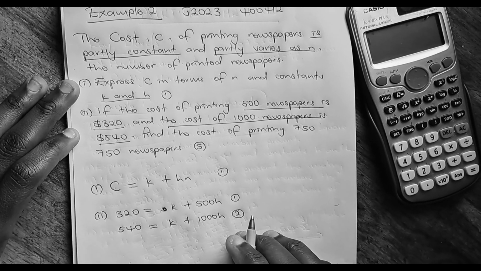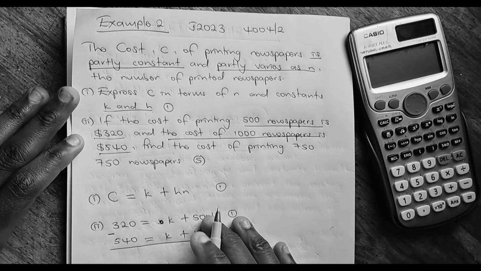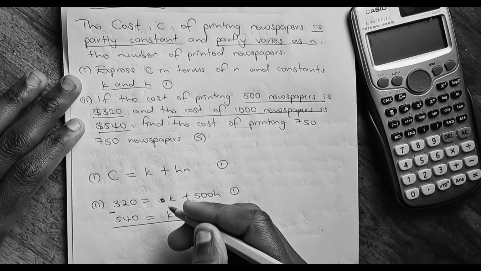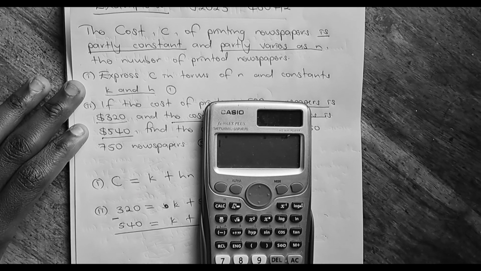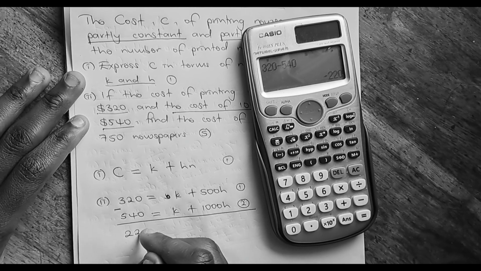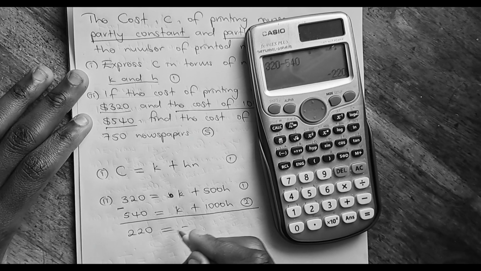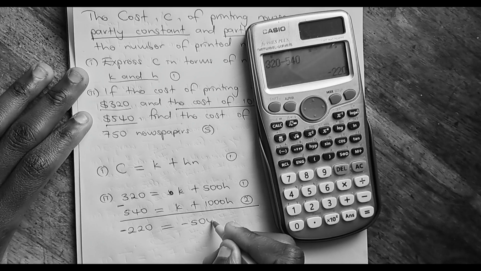For equation 2, you are going to apply the elimination method. You are saying 320 minus 540. Why are we applying the elimination method? Because k and k are the same, so we are going to eliminate k. Utilize your calculator: 320 minus 540 gives minus 220. So minus 220 is equal to 500 minus 1000, which is minus 500h.